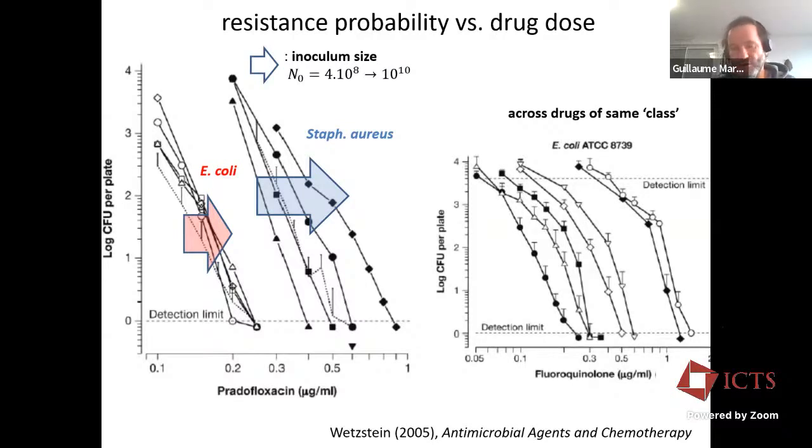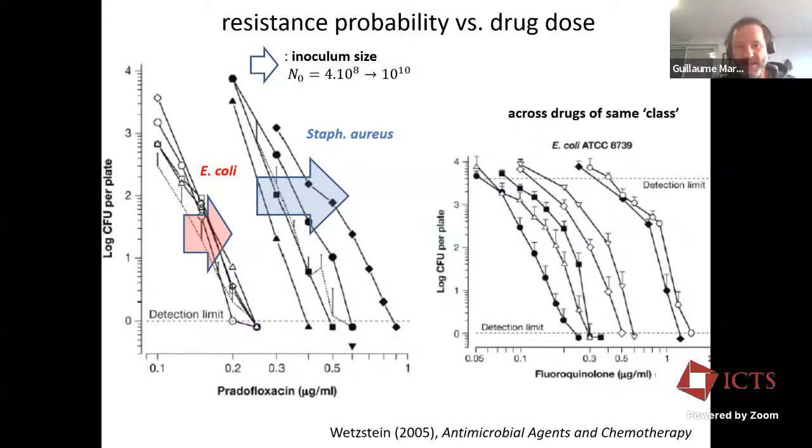In principle, it's not a proper fluctuation test because you have covariance between your different platings, because you grow a single culture, whereas in a fluctuation test you need to grow individual cultures for every replicate so that they don't share common mutations that arose in the beginning.